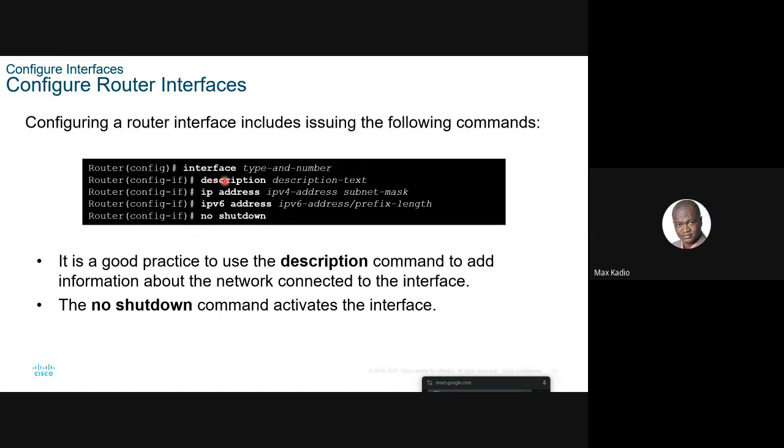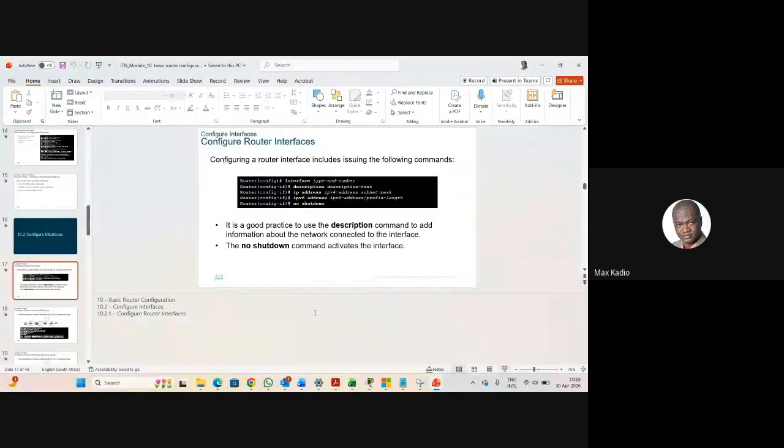You can also add a description to say, for example, this interface is facing LAN 1, or description, this interface is facing something.